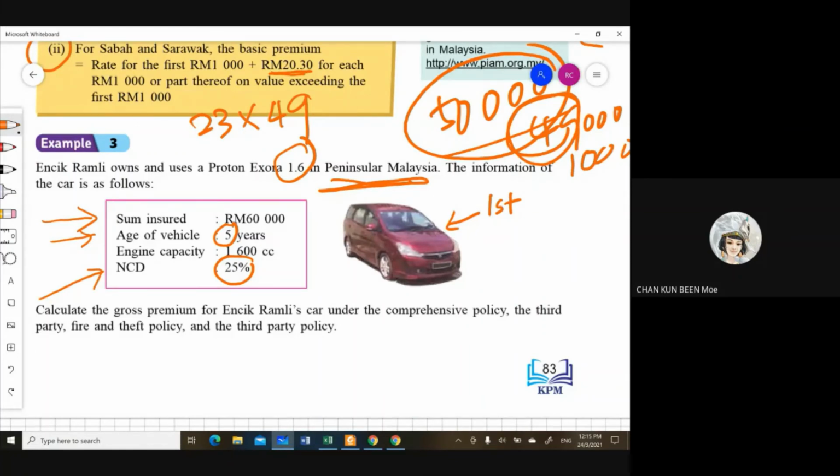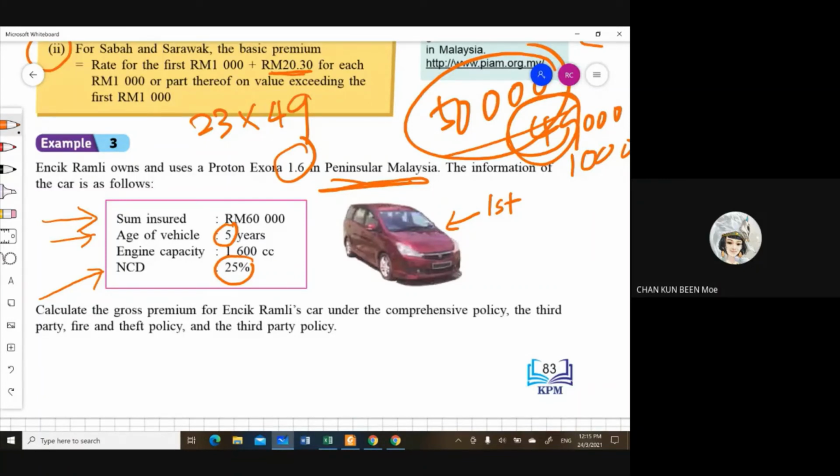Okay, so this NCD is like this. If you don't claim your insurance, meaning you didn't have any accident at all, so the following year, you are going to pay the premium again, meaning that there's no loss to your car, right? You didn't claim the insurance. That's why you will have the discount continuously.